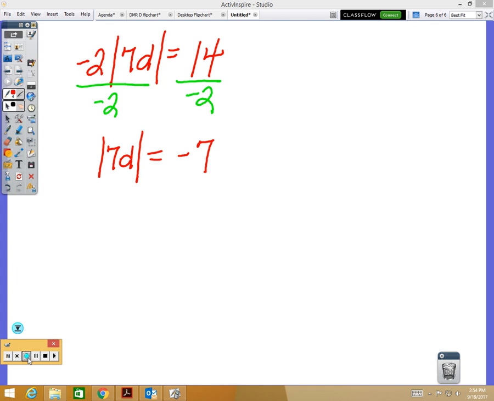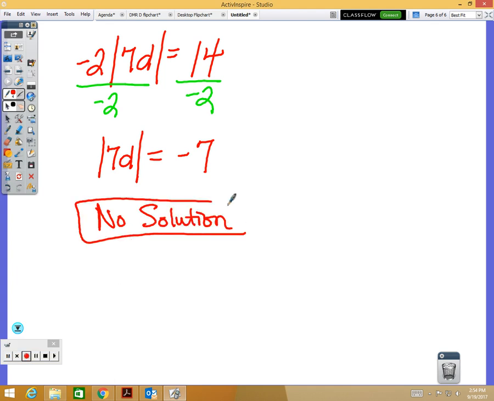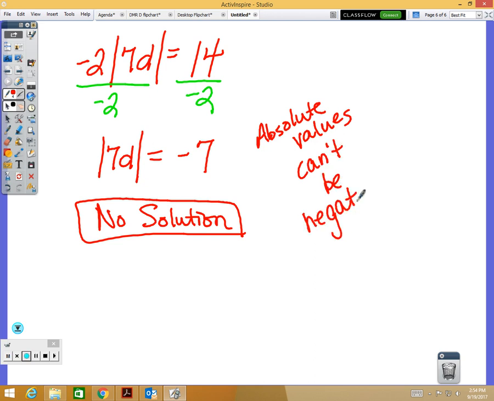So there is nothing that we can put in here in replace of this variable to make this work. So this is no solution. It's impossible. Absolute values can't be negative. They are always positive, right?